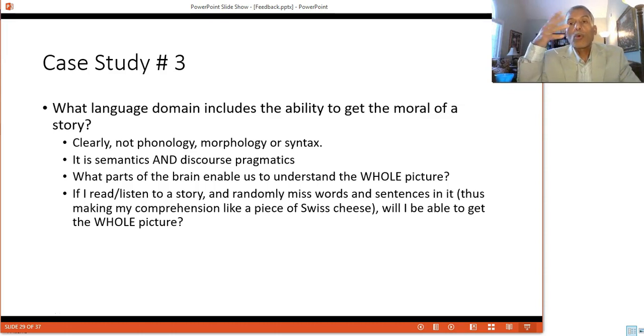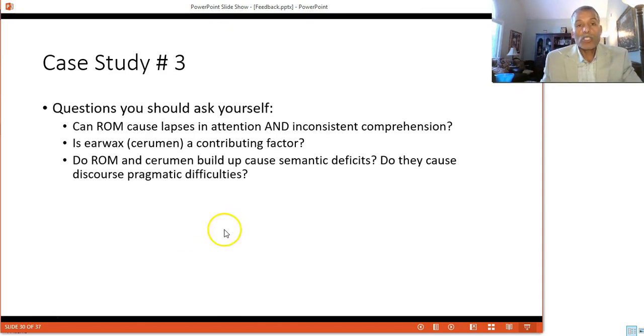All of this will cause gaps in vocabulary development, and these gaps ultimately will have an impact on the ability to produce and to comprehend narratives and other components. Questions you should ask yourself now: can recurrent otitis media cause lapses in attention, and can it also cause inconsistent comprehension? The answer is yes, it definitely can, and it's one of the major causes of these problems.